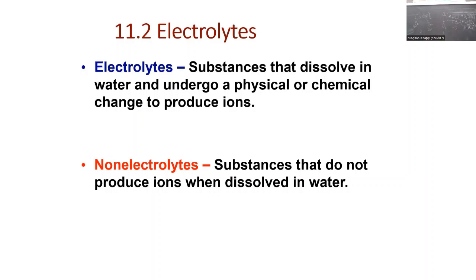So obviously this means that anything that is ionic to begin with, if it's dissolving and forming ions, is going to be an electrolyte. So ionic compounds tend to be electrolytes. Of course, it has to be soluble. So if I'm talking about something that just isn't soluble, this doesn't really apply. But anything that is ionic that I would give you, I'm not going to try and trick you by giving you something insoluble. Anything that is ionic is going to be an electrolyte.